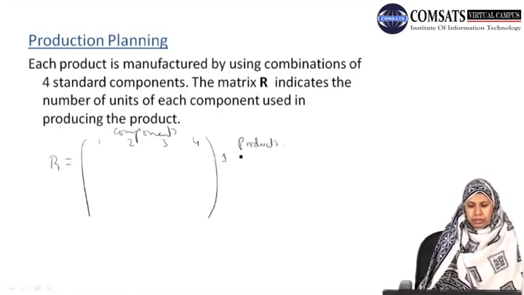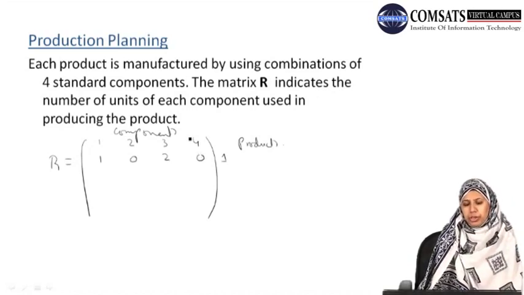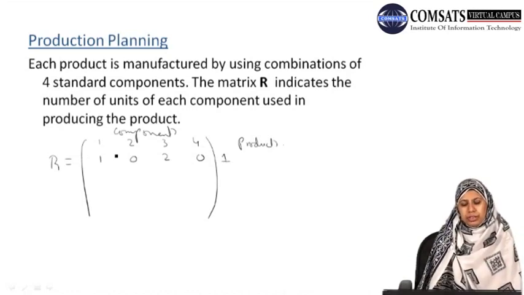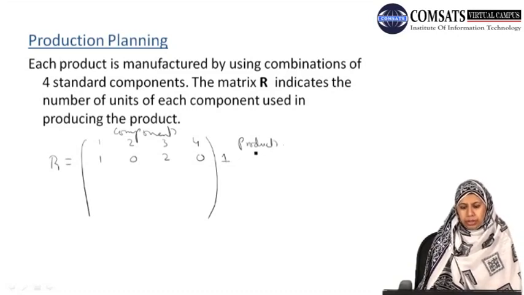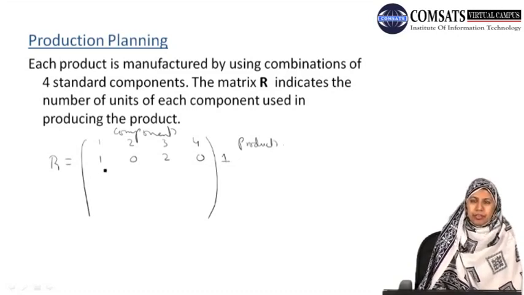Now product 1 needs 1 unit of component 1, no unit of component 2, 2 units of component 3 and no unit of component 4 to be produced. Okay. Now the first row tells us about the number of components required to manufacture that particular product. Okay. Similarly, we have the information about the rest of the products.